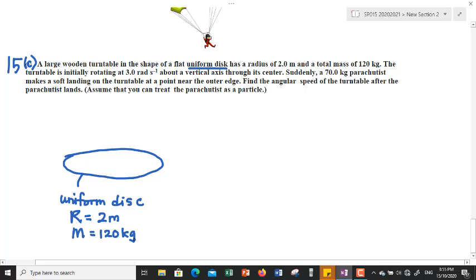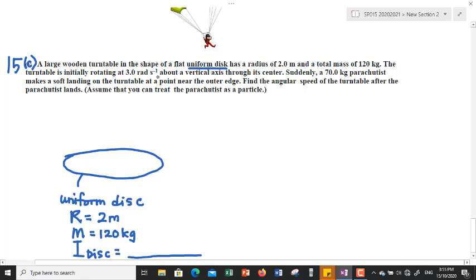From the statement given, uniform disc, you can find the moment of inertia for the disc. I give you the hint. So find from your lecture notes the formula to calculate the moment of inertia for a uniform disc.